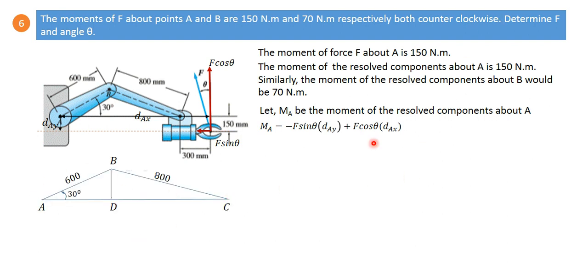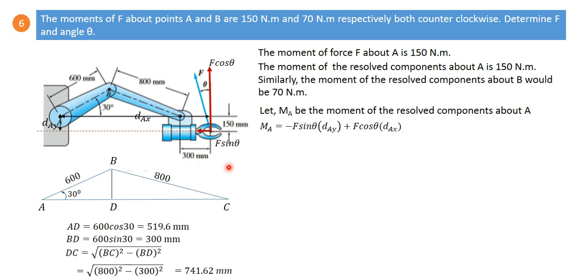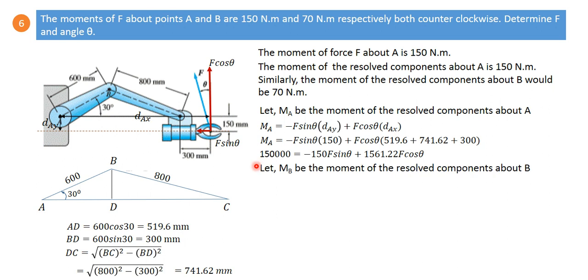We can get this dAx from this triangle, because dAx is the summation of AD plus DC and then plus this distance, that is 300 mm. So we can use simple geometry and find this equation, and converting Newton meter into Newton mm, we get this.